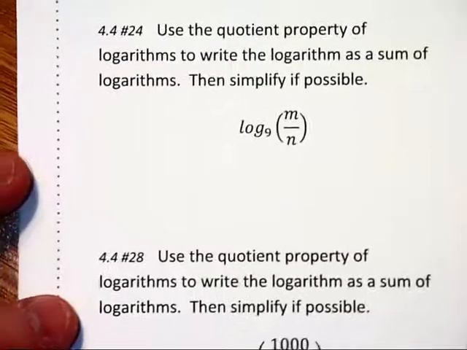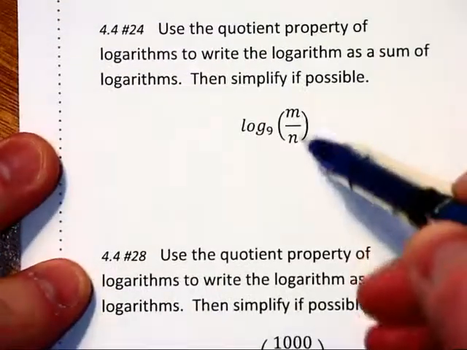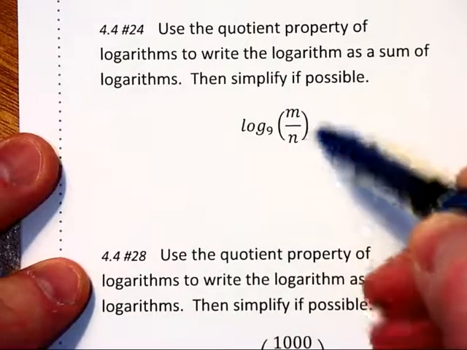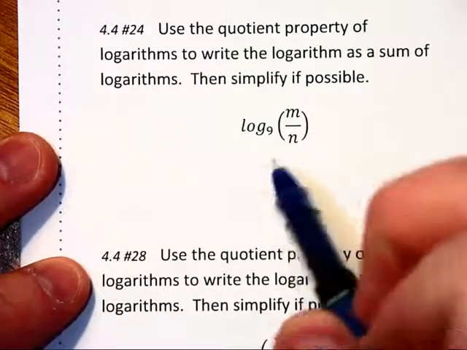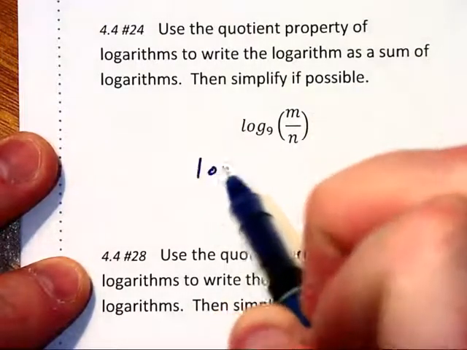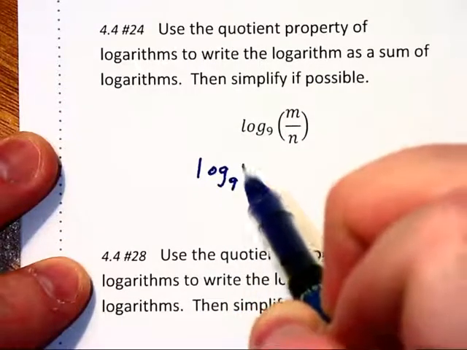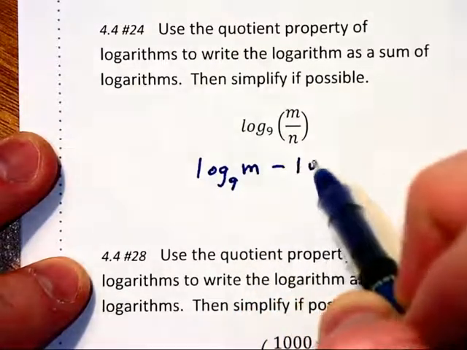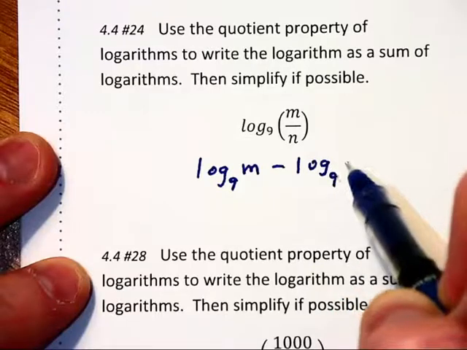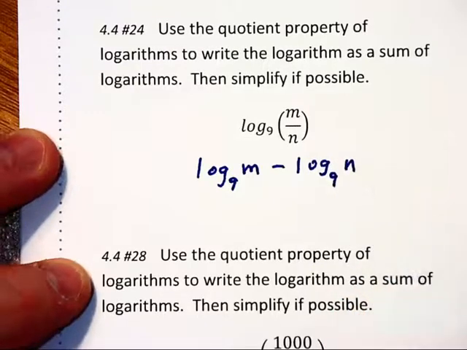In this next problem, we have division inside of the logarithm. That will turn into subtraction. We will have log base 9 of m minus log base 9 of n. Be careful that you do write it this way.